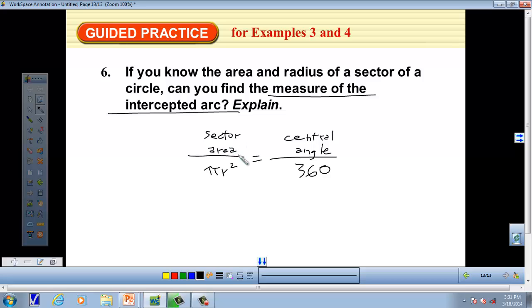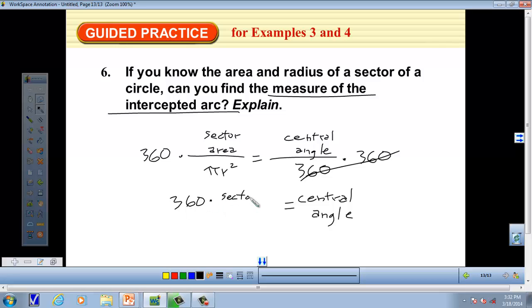So what we would do is multiply both sides by 360. Those would cancel, and the central angle, which is also the intercepted arc, would equal 360 times the sector area all over pi r squared.